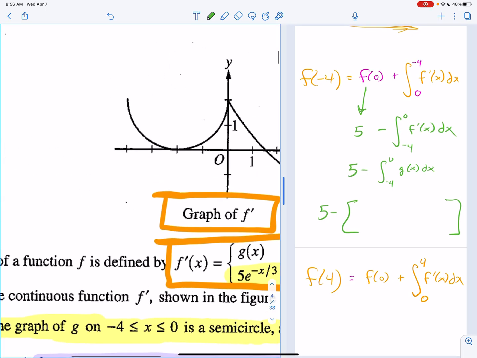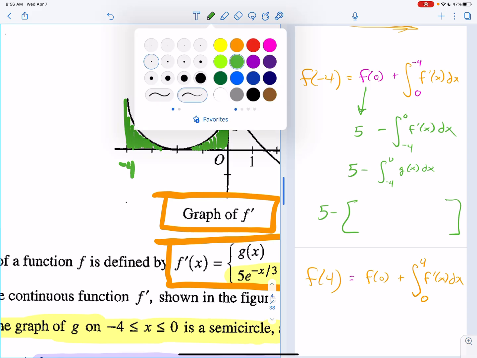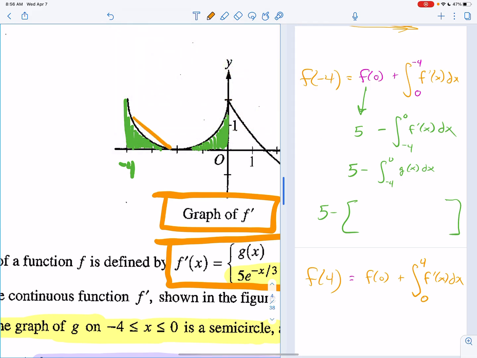So now let's take a look at the graph. From negative 4 to 0, negative 4 is right here. We're finding the area from negative 4 all the way to 0. You really got to think about this here. How would you find the area knowing that that shape is a semicircle? Press play when you're ready. So when you're finding the area of the semicircle, that would give you this in orange.